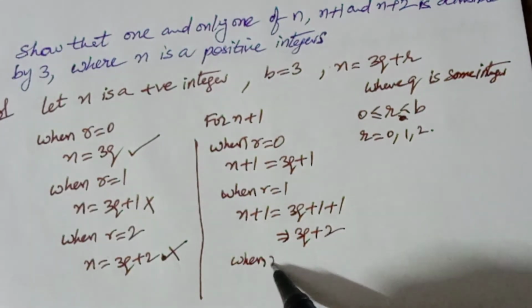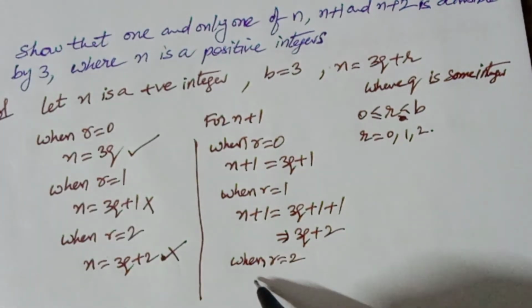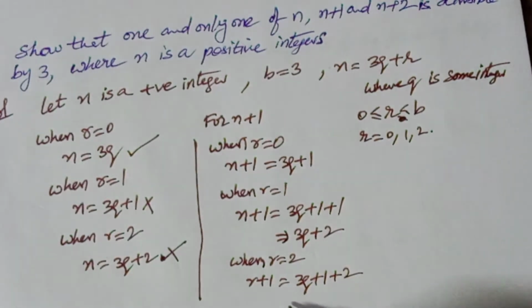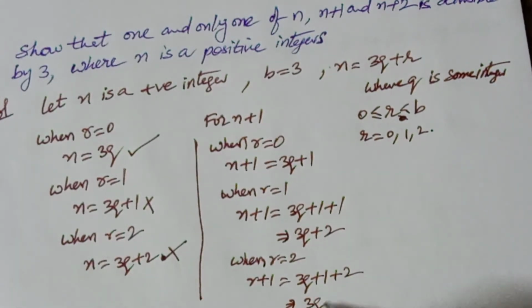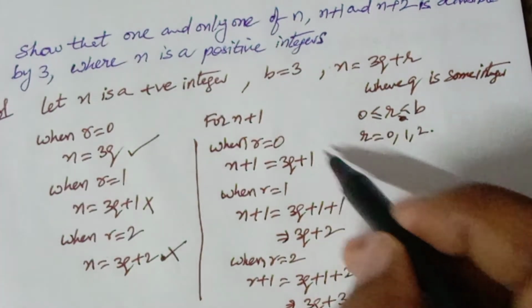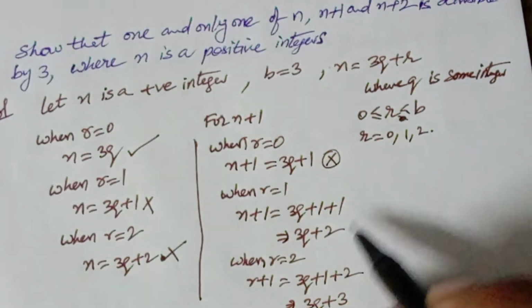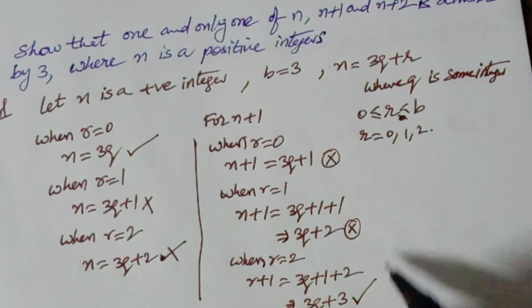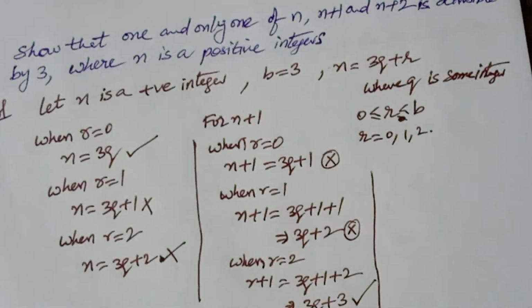When r is equal to 2, n plus 1 is equal to 3q plus 1 plus 2, so 3q plus 3. Now this is not divisible by 3. This is also not divisible by 3. Only this value is divisible by 3.